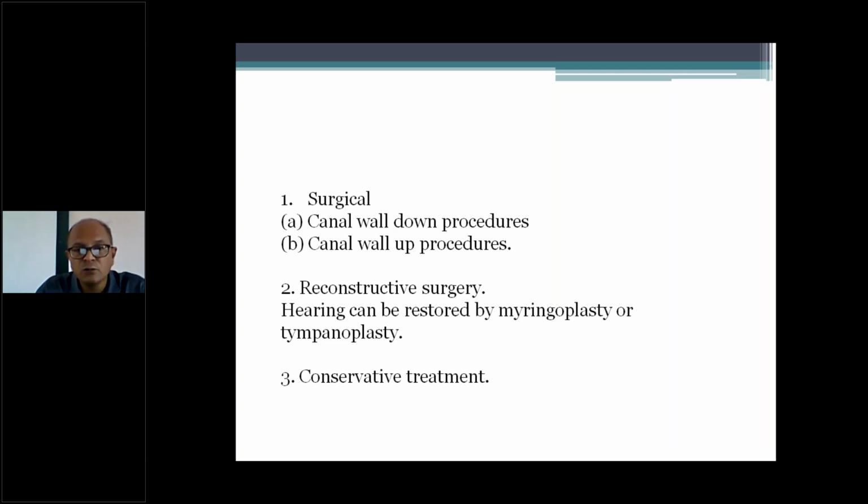Like what we do, we open the mastoid first and then go to the aditus and follow the cholesteatoma. But now surgeons are saying that it is better to go for an anterior to posterior approach if you are thinking it to be a small cholesteatoma, not for a large cholesteatoma, but for a small cholesteatoma.